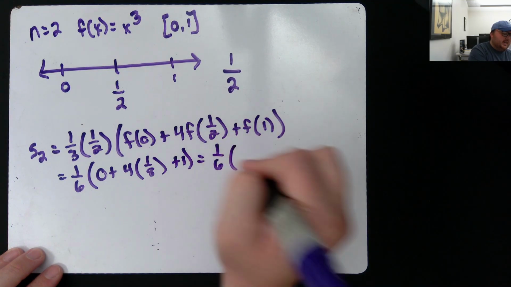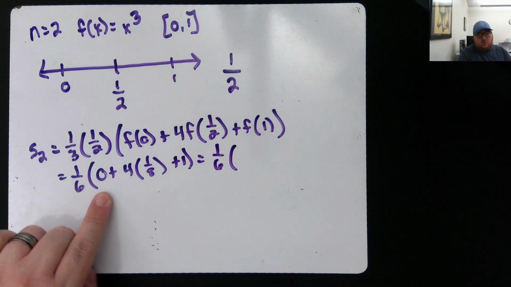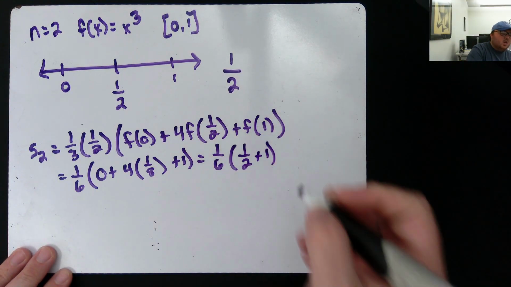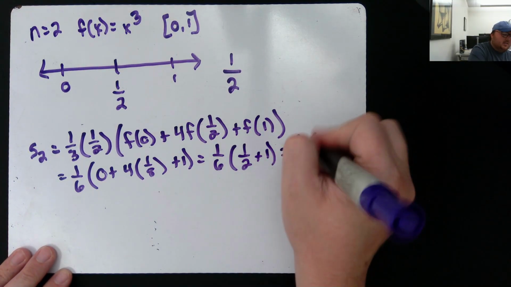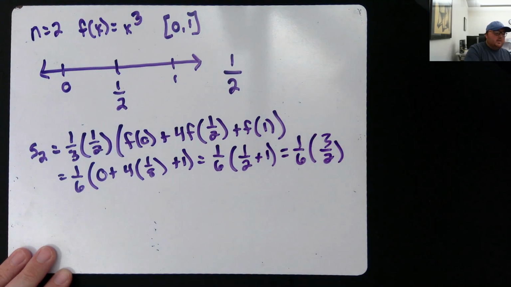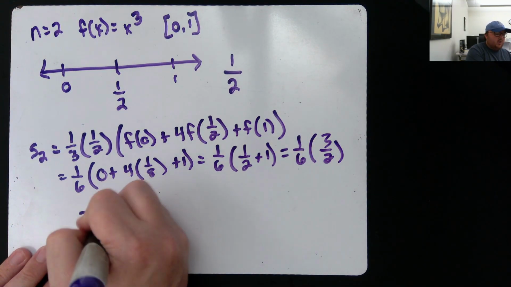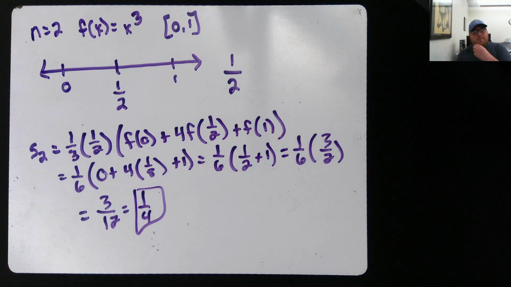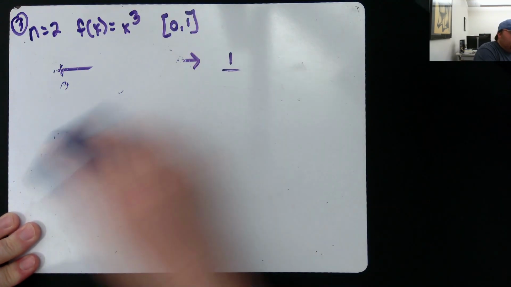So that's going to be 1/6. 0's gone, right? 4 times 1/8 is 1/2, plus 1. 1/2 plus 1 is 3/2. 1/6 times 3/2 is 3/12, which is 1/4. So it's about 1/4. Remember, always go 4, 2, 4, 2, 4, 2, on and on. Sorry, that was example number 3 on the handout. So now let's move on to example number 4.